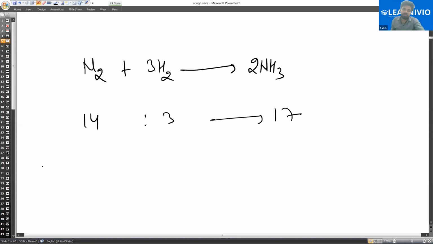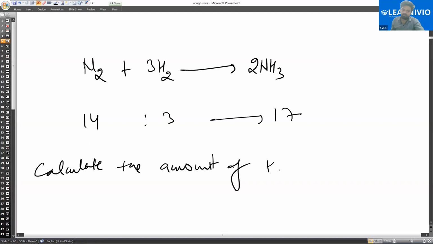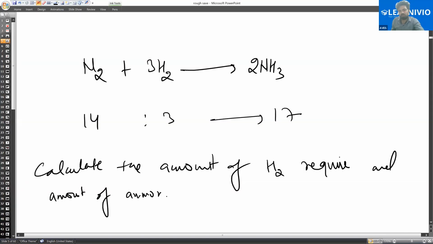Then calculate the amount of H2 required and the amount of ammonia formed. Ammonia is this one. Okay, this is ammonia.